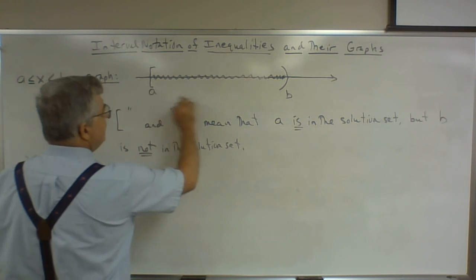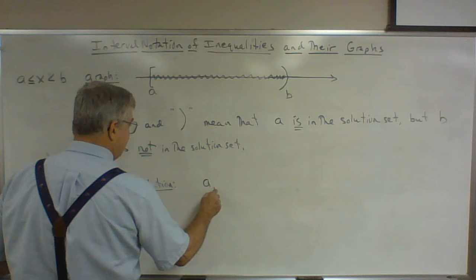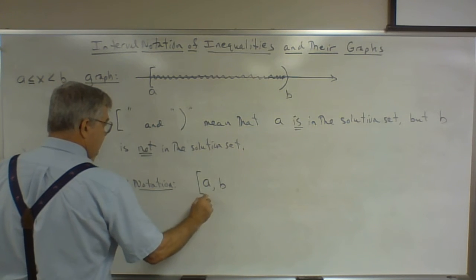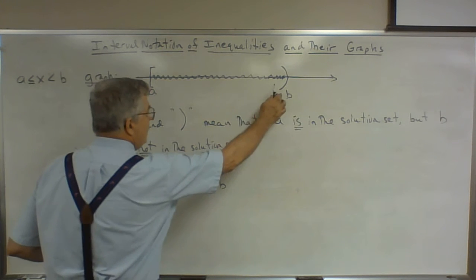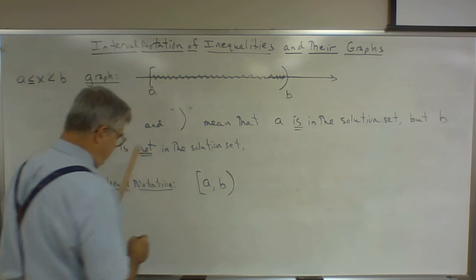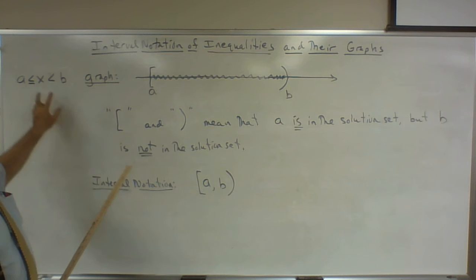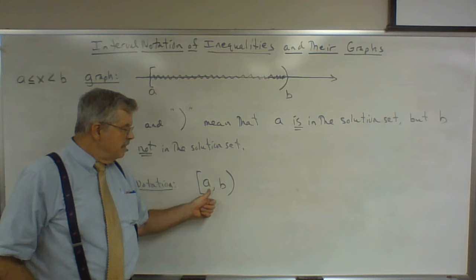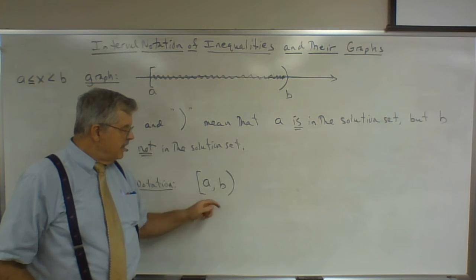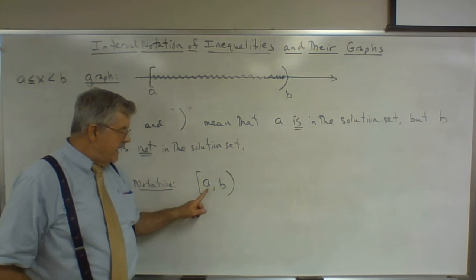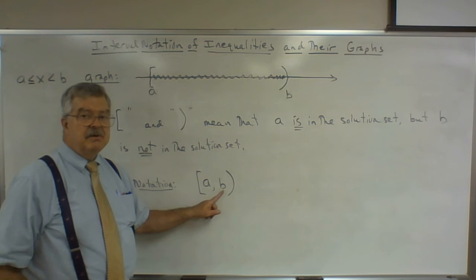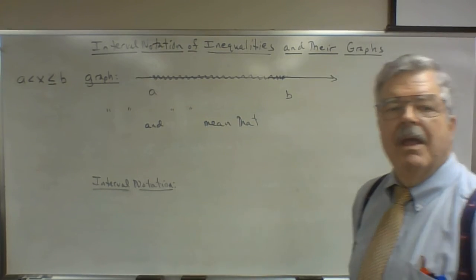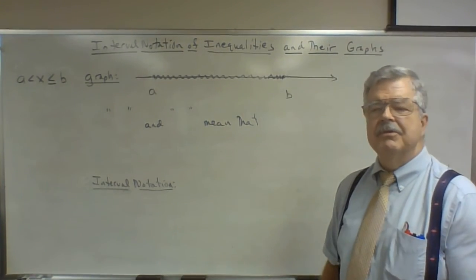We have an interval from a to b, square bracket to the left of a, round parenthesis to the right of b. So the solutions of this inequality are all of the real numbers between a and b, including a, but not including b. Okay, a couple more examples.